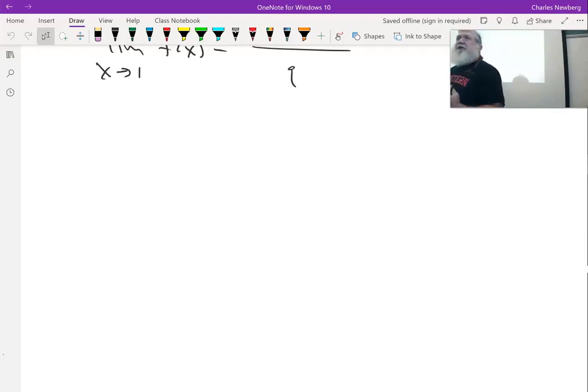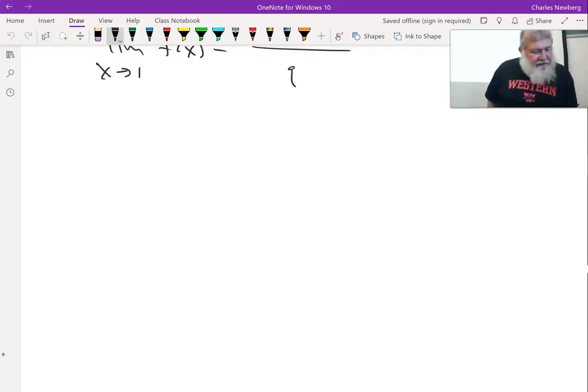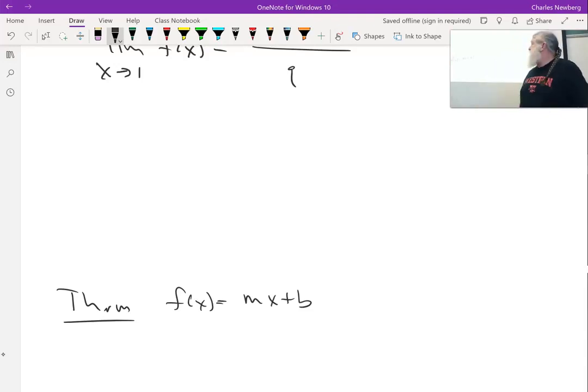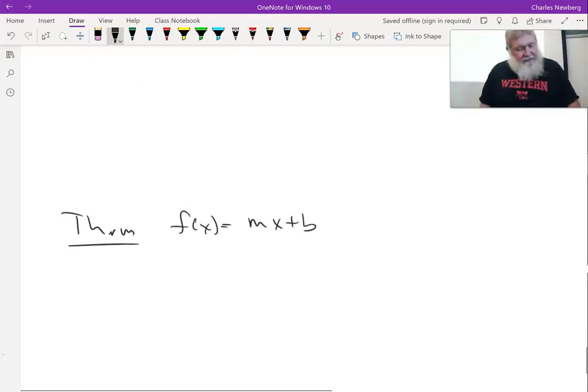So then what did we do? We started building up. Our first theorem, and this is just a repeat: if we had this type of function, f of x equals mx plus b. What was that function again? It has a slope in it. It's a line, right? So first we did lines. And what did we find?